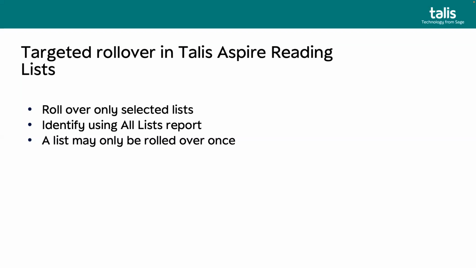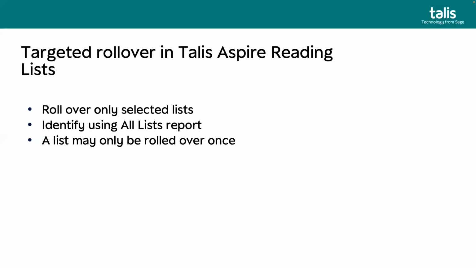Maybe you just want to roll over your PGCE lists because they're not following the same calendar as the rest of the education courses, and you'll roll the education courses over later. So you do have the ability to roll over only selected lists at any given time. You can do that via the All Lists report, and I'll show you how to do that in a moment.